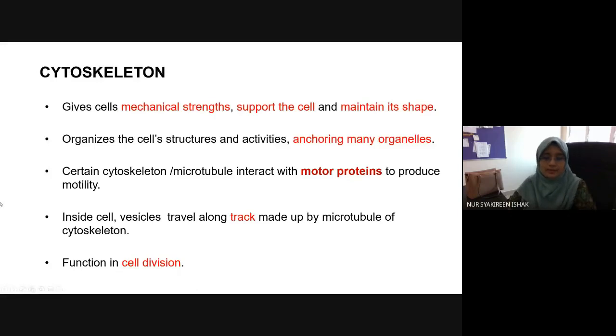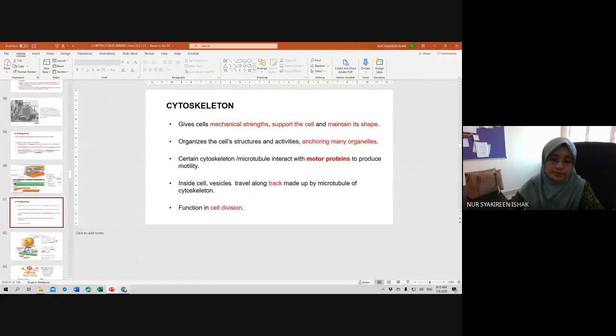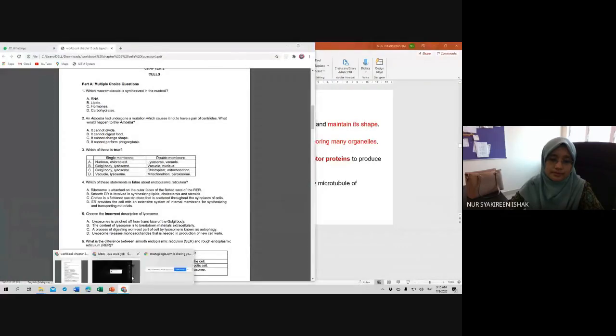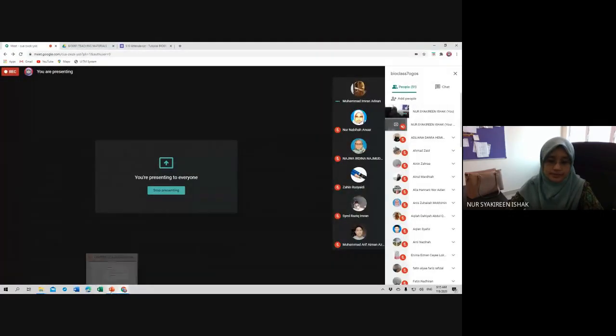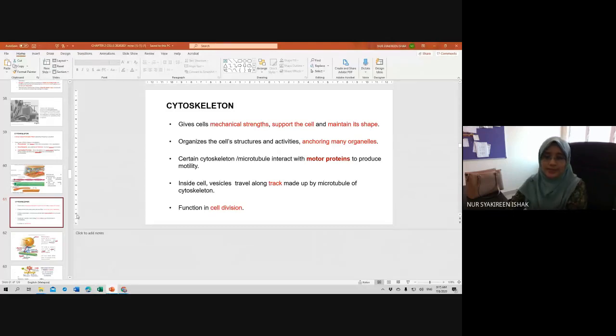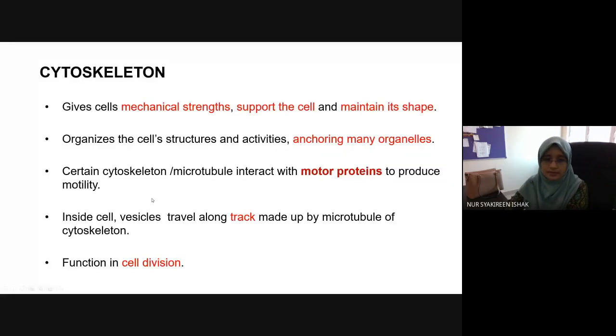And then next, the cytoskeleton organizes the cell structure and activities, anchoring many organelles.